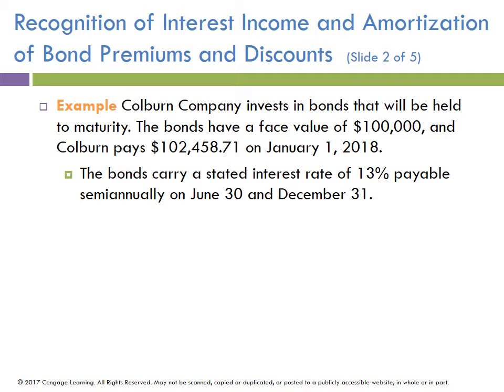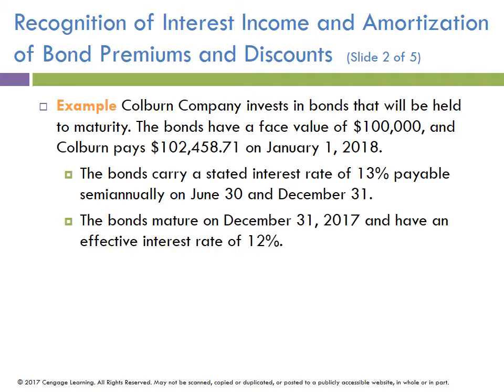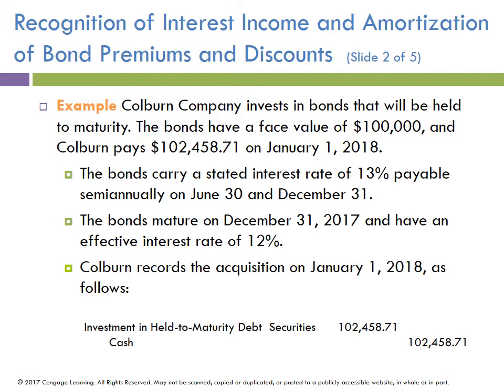So that's how much the company they bought these bonds from promises to pay them on that $100,000, and it'll be split up between 2 times a year, June 30th and December 31st. The bonds mature on December 31st, 2017, and the market or effective interest rate is 12% the day they buy the bonds.